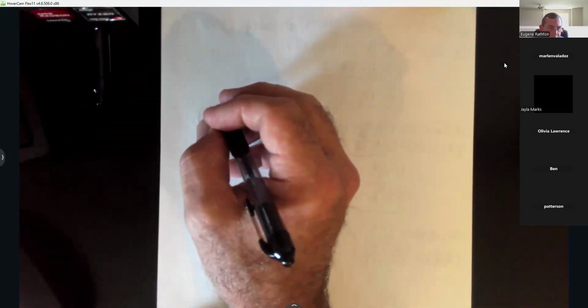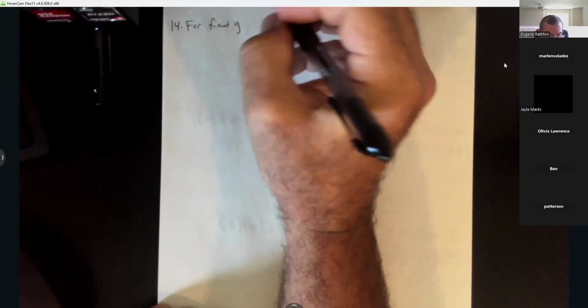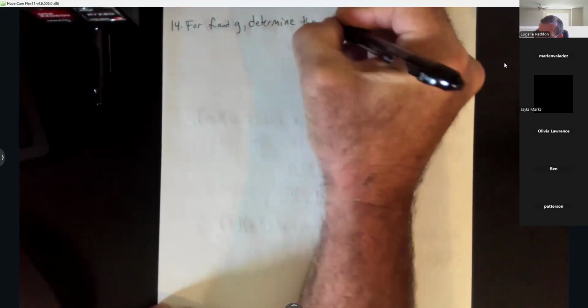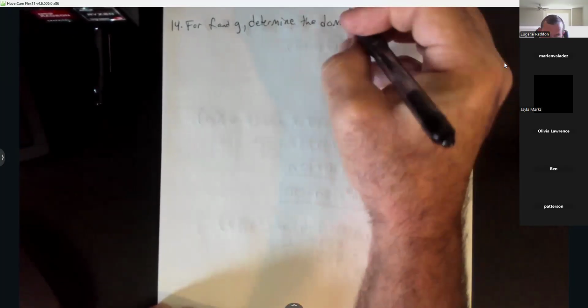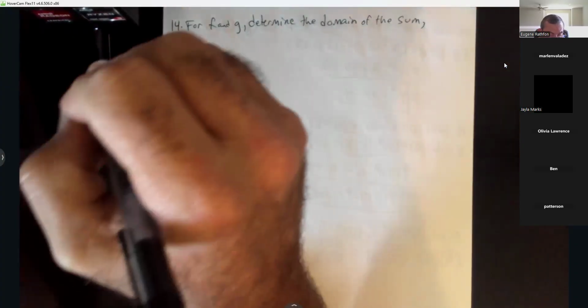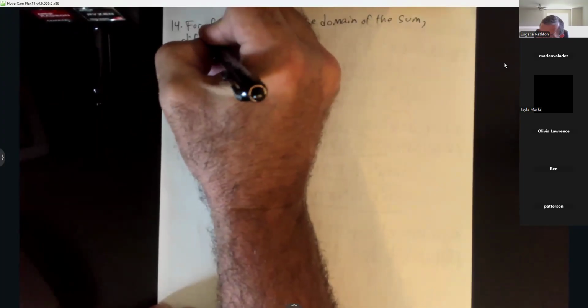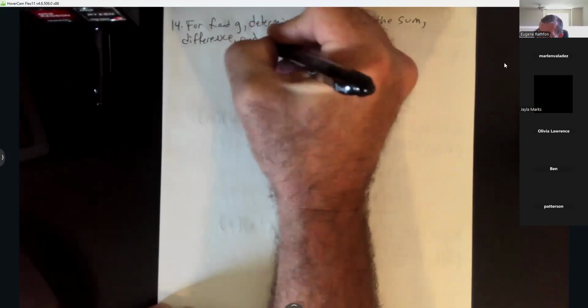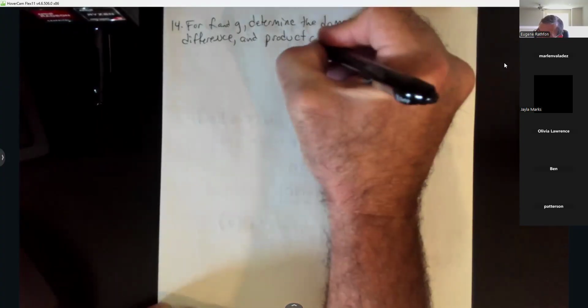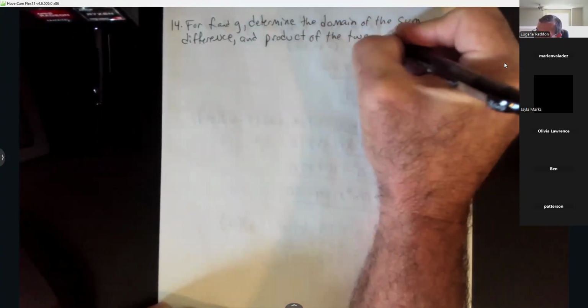So these start at 14. So y'all, it says for the functions f and g, determine the domain of the sum, difference, and product of the two functions.